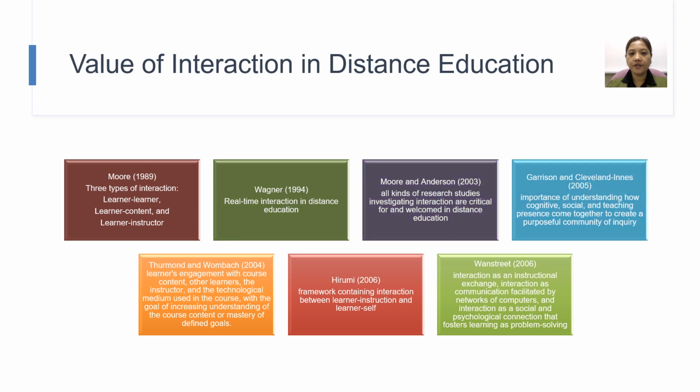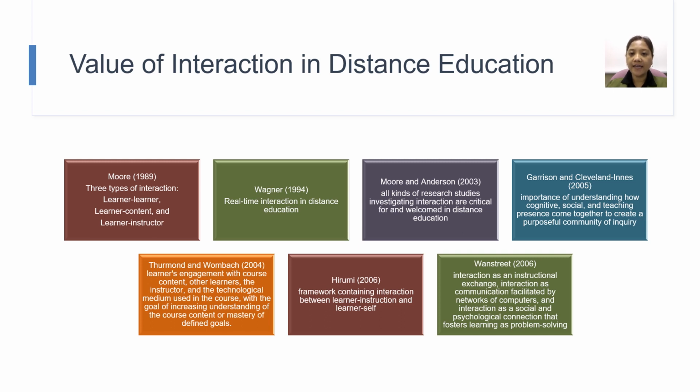Over the years, researchers like Moore and Anderson, Garrison, Cleveland-Innes, Thurmond and Wambach, Hirumi and Street have provided multiple definitions of interaction. Interaction involves various forms that aim to increase the learner's engagement with course content, other learners, the instructor, and the technological medium used in the course.